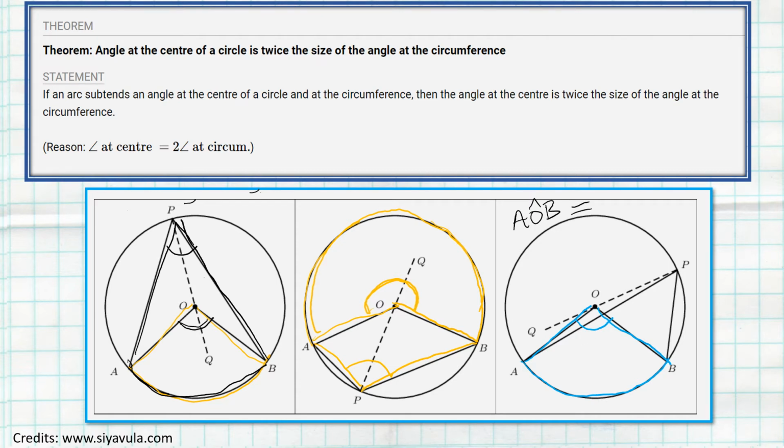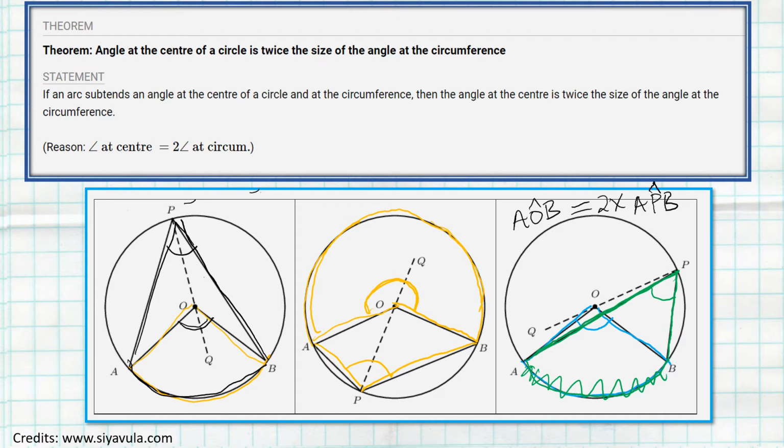Let's check the same arc: is it subtending at the circumference again? Yes, it's also subtending an angle at the circumference. So the theorem says the angle subtended by the arc at the center will be 2 times the angle subtended by the same arc at the circumference. And this is theorem number 2.